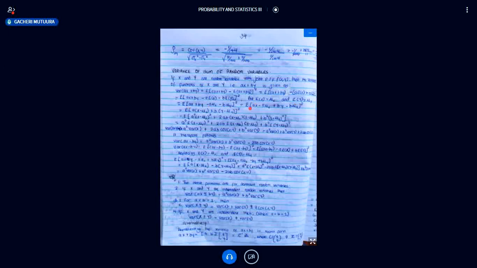So when we do that, this is what we yield. So we now have ax minus a mu x plus by minus b mu y. I believe mpaka hapo tuko pamoja.